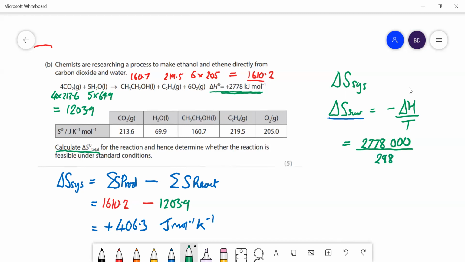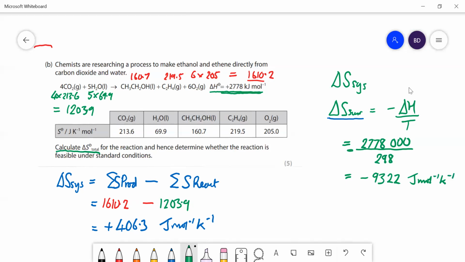That's the absolute temperature. Don't forget my minus sign there. So delta S of the surroundings is going to be minus 9,000 joules per mole per Kelvin.